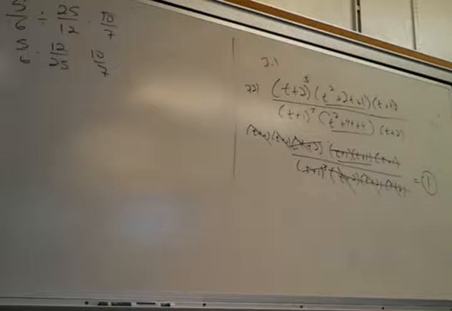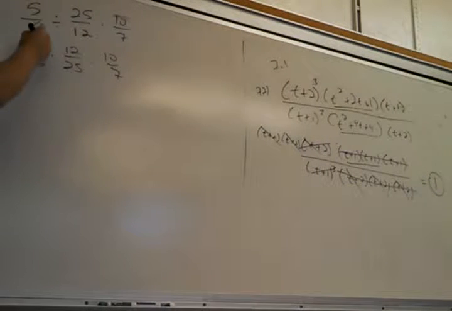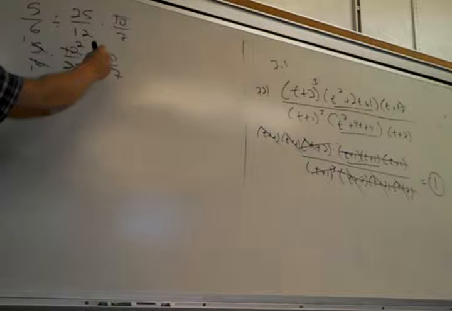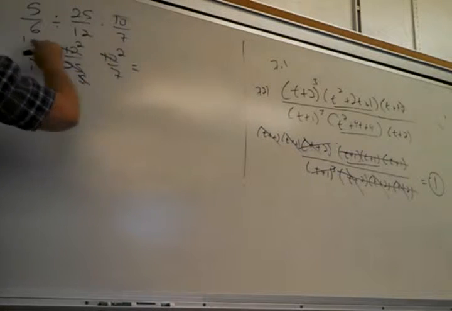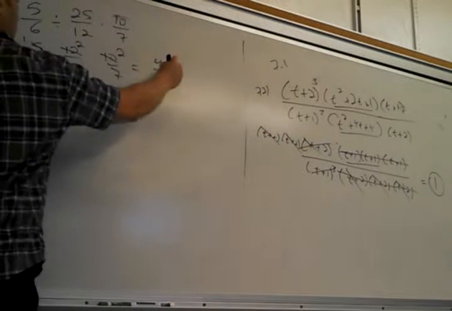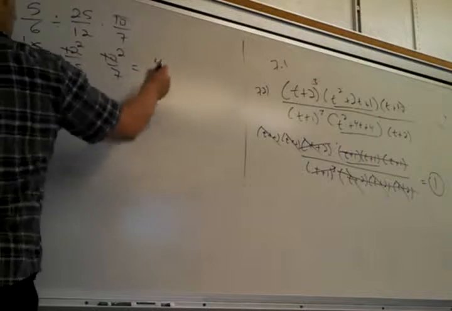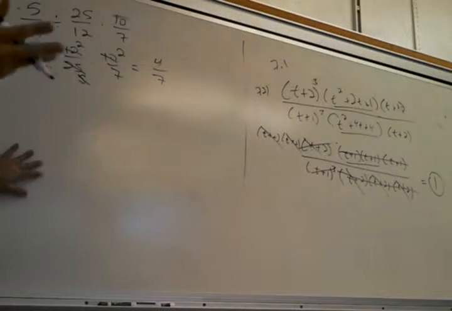And now start seeing what cancels. 5 goes into 25 5 times. 6 goes into 12 twice. 5 goes into 10 2. So what are you left with? 4 over 7.